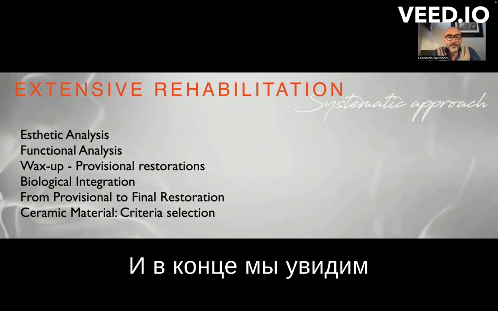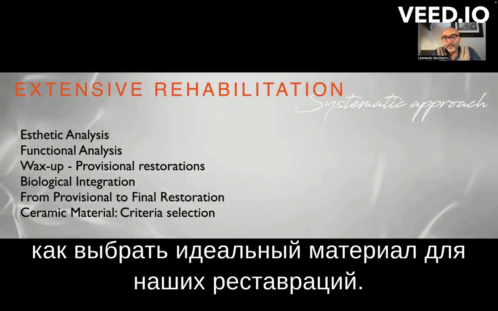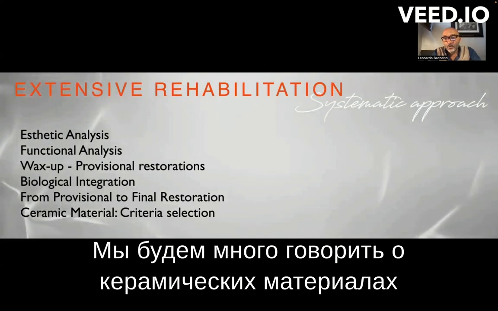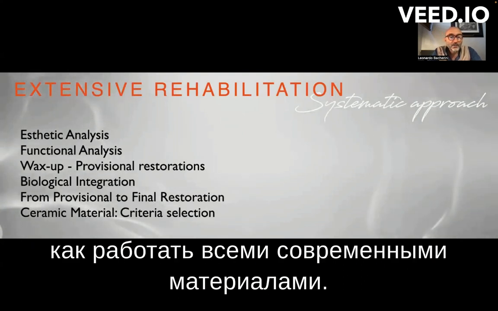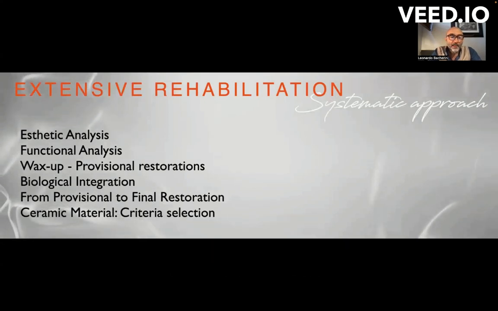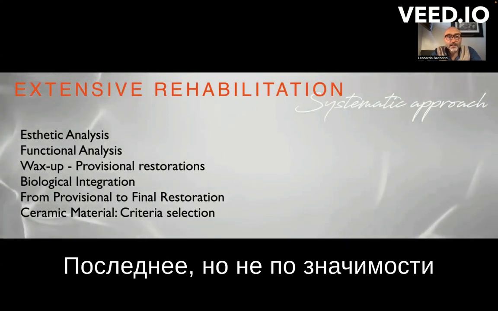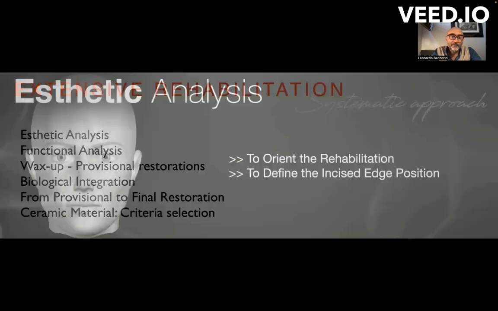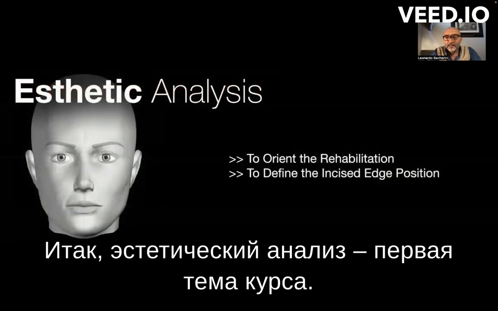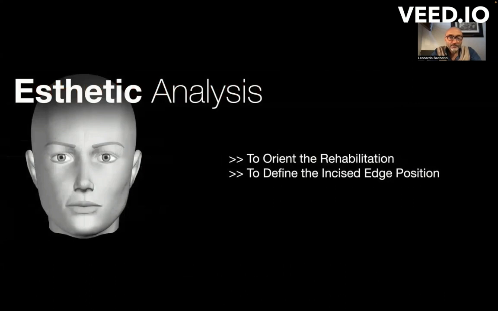At the end, we will see how to select the ideal material. We will speak a lot about ceramic material, different materials, how to optimize the use of all the modern ceramic material. Last but not least, we will see a lot of cases with long follow-up. Very, very important.